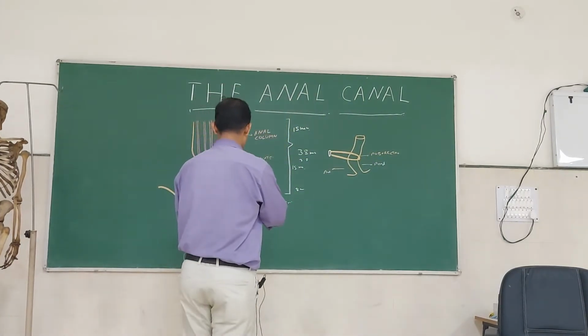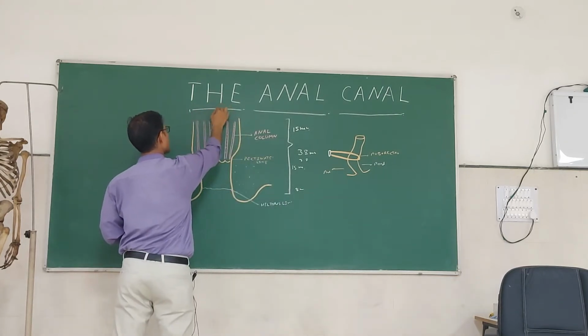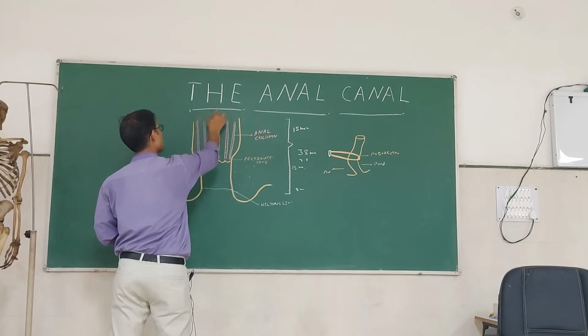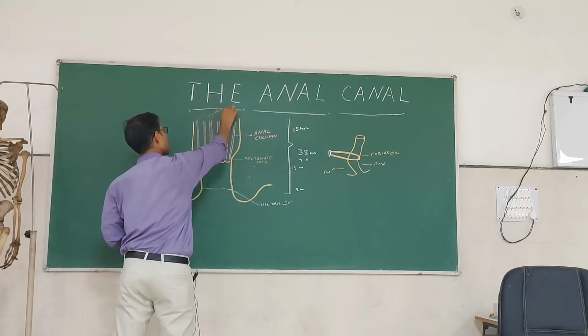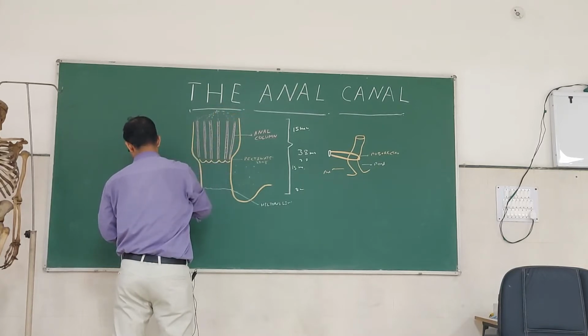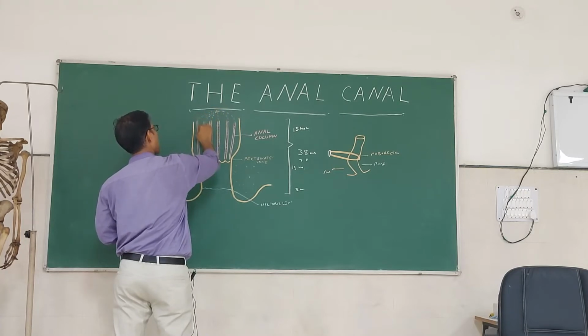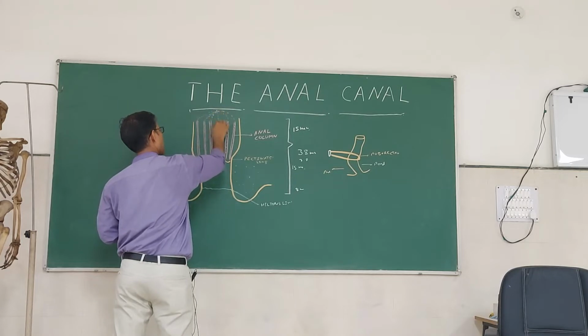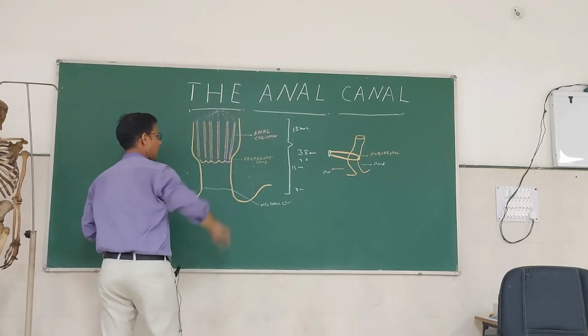If I want to draw the radicals of the superior rectal artery as well as the superior rectal vein entering into these columns, along with part of the muscularis mucosa making them prominent. So these are anal columns.